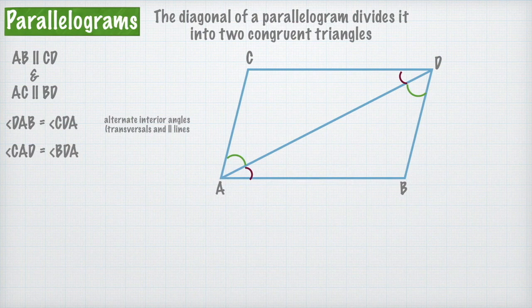That means angle DAB is equal to angle CDA. It will make more sense if you draw the figure out and notice these things for yourself and name, and even more importantly, be clear with the names. So angle DAB is equal to angle CDA, alternate interior angles.